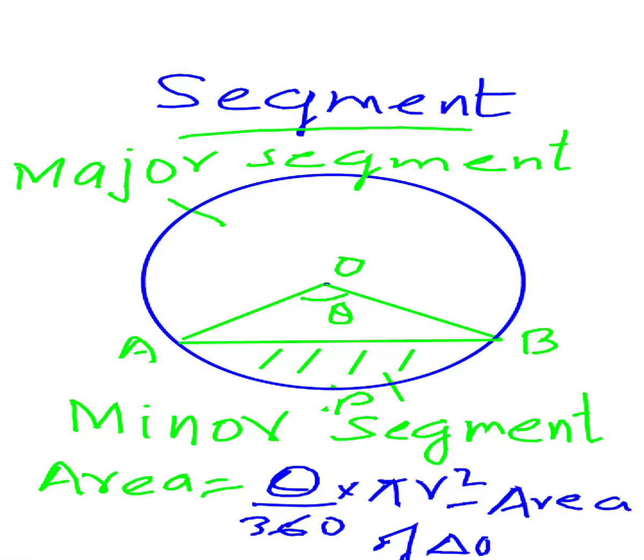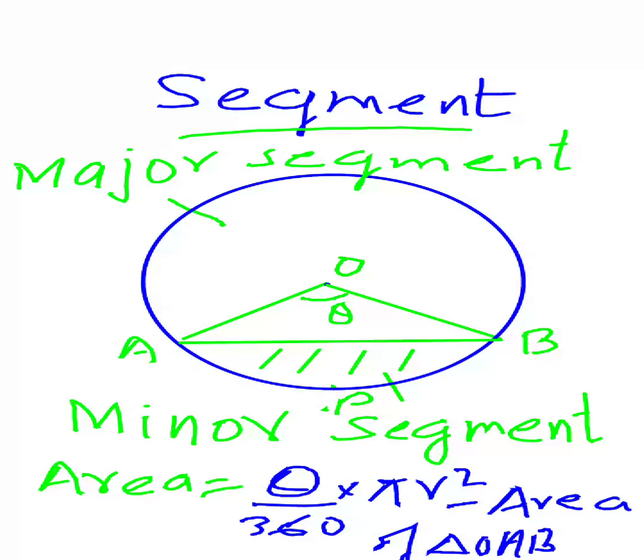Making sense? The minor segment means that whole sector OAPBO. Okay, its area is theta divided by 360 into pi r square minus the area of triangle OAB.